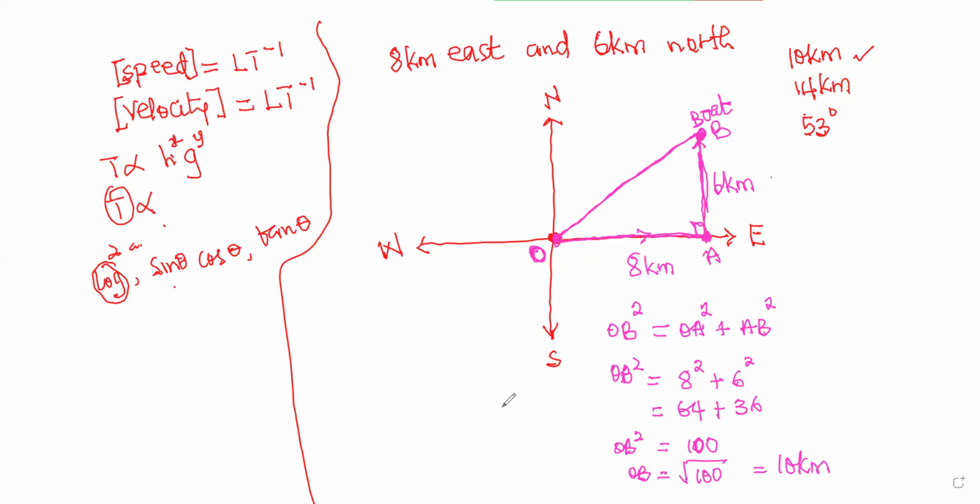Then the bearing. Bearing is direction, and direction can be given by an angle. So what is the bearing? If I am on the x-axis, or east-west axis, and I want to get the direction of the boat, through what angle from the west-east axis must I turn?